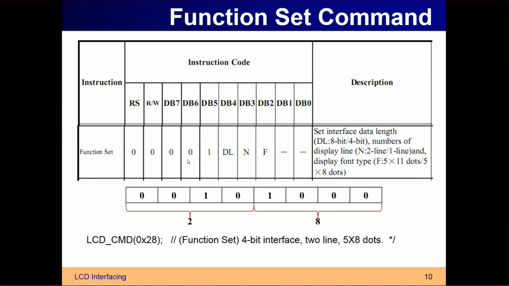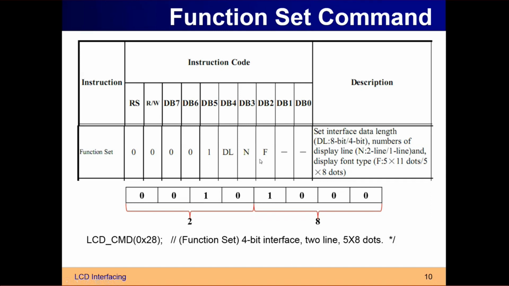Then the following is the actual command. For setting the function set, D7 should be 0, D6 should be 0, D5 should be 1. So these 3 bits are fixed, the command is fixed. The remaining 3 bits we need to configure.